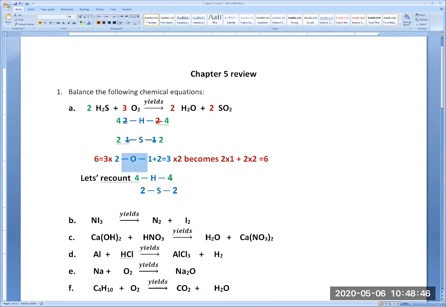Let's make sure we have the same number on both sides. So oxygen on the left, there is 3 times 2 here, it's 6. And on the right, there is 2 times 1 plus 2 times 2. So it's 2 plus 4, it's 6.